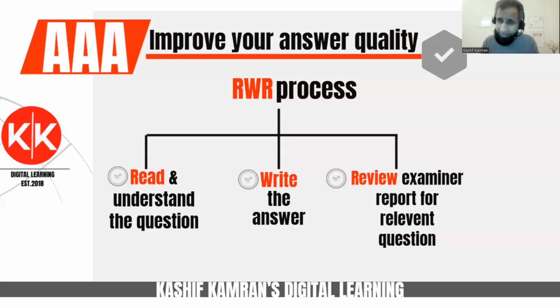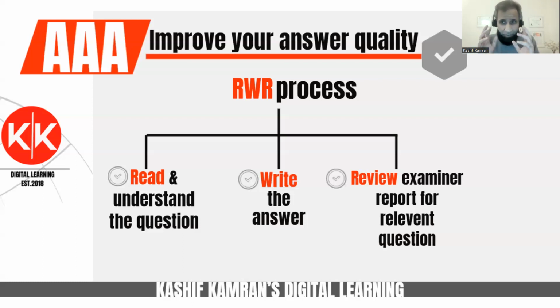When you're reading the examiner report for question number 1 or question number 2, the examiner will be sharing with you the criticism, some suggestions, and some thought process about what was done wrong in the question number 1, or what was done good in the question number 1, and what the future student should do.